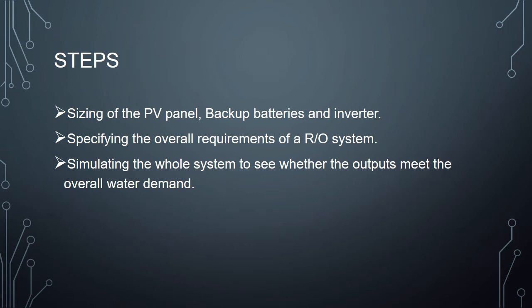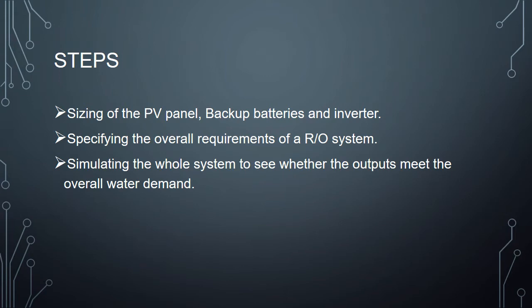The whole project can be divided into two parts. One is the powering unit, that is the power that we harness through the solar panels, and the other one is the reverse osmosis unit. I have to follow some steps of the usual procedure of developing my project.